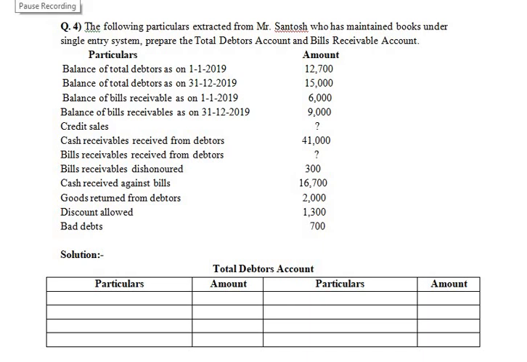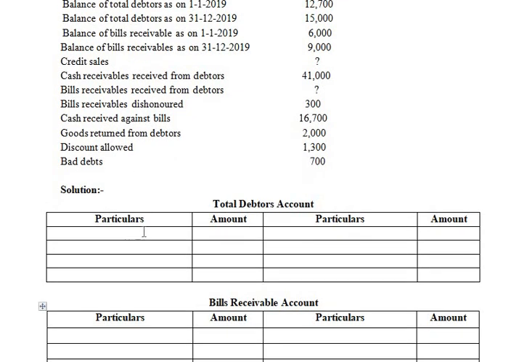So let's begin with the question. Now, what is the first thing that has been given? Balance of total debtors as on 1/1/2019 is 12,700. This is nothing but the opening balance of debtors. So where will you take it? You will take it to the debtors account.